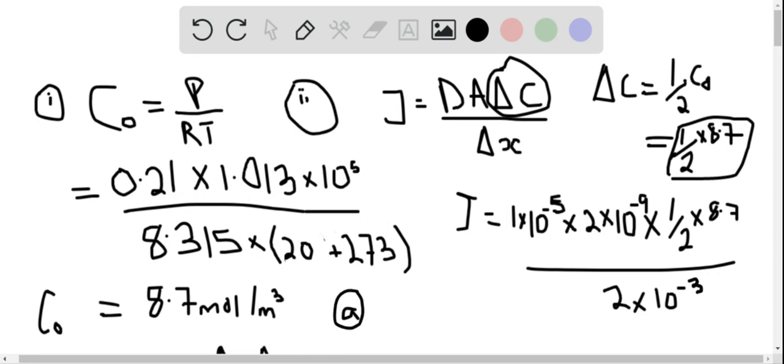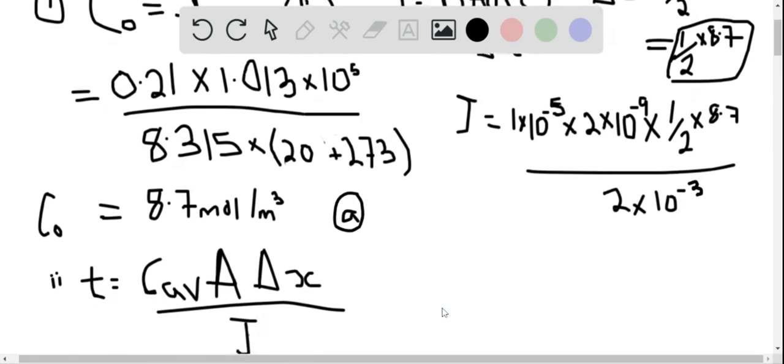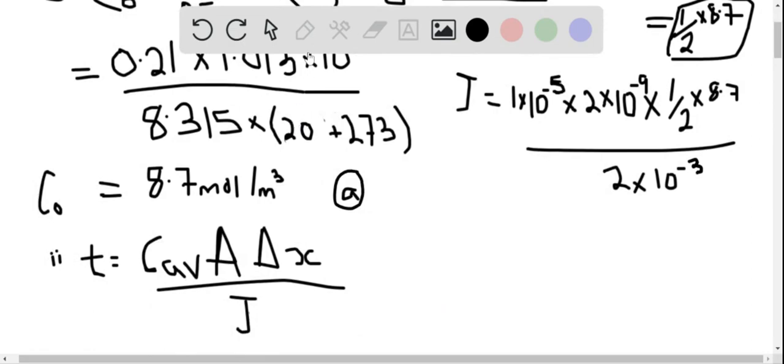Yep. So punching this into a calculator: 1 times 10 raised to power negative 5 multiplied by 2 times 10 raised to power negative 9 multiplied by 1 divided by 2 multiplied by 8.7 divided by 2 times 10 raised to negative 3.